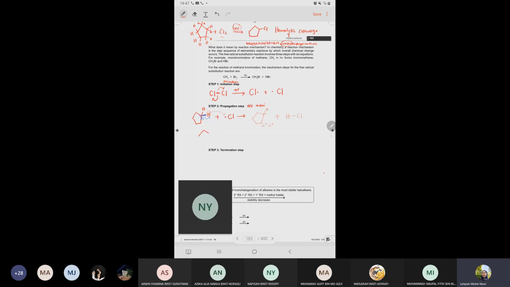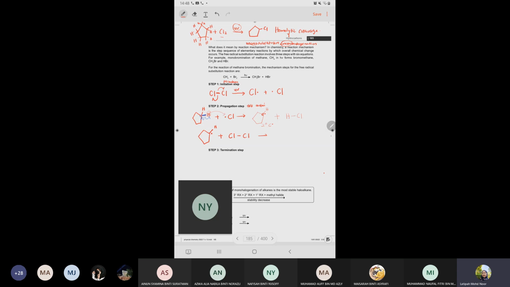So next step, we use the free radical of cyclopentane. There is a dot there, actually on this carbon.